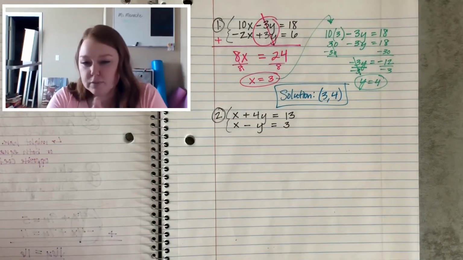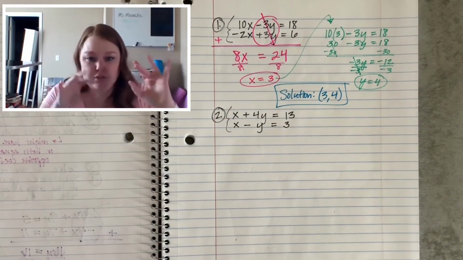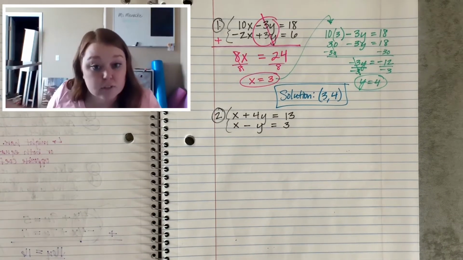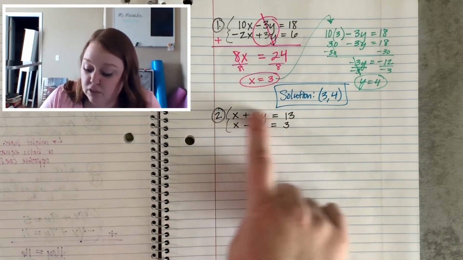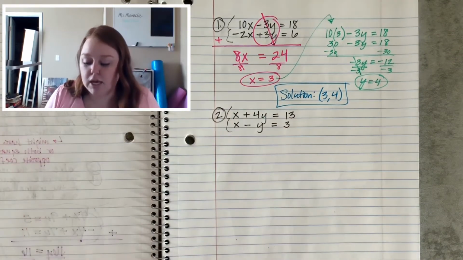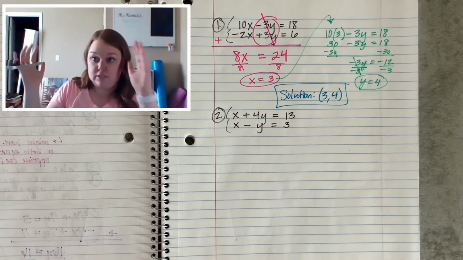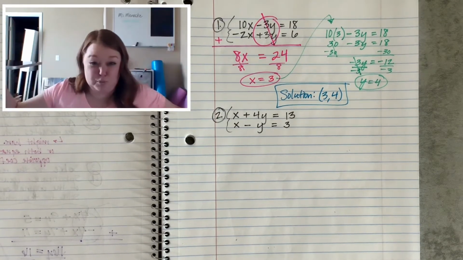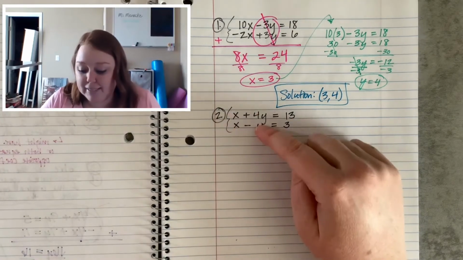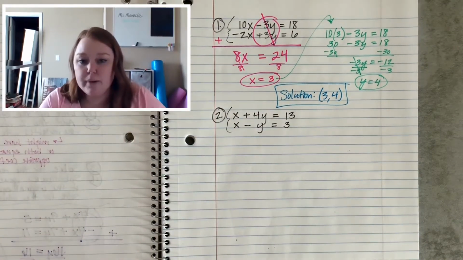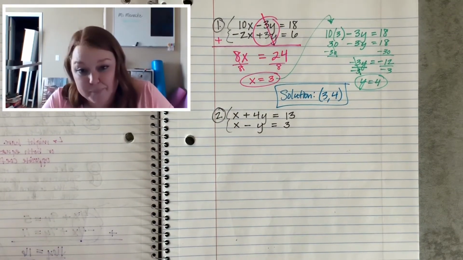Because remember, the cool thing about equations is you can rearrange them. You can do whatever you want as long as you do it to both sides, right? So I can take either equation and I can multiply the left and right side, which is basically, you just multiply everything by something in order to make it cancel out. So think about what you wish would have happened here.